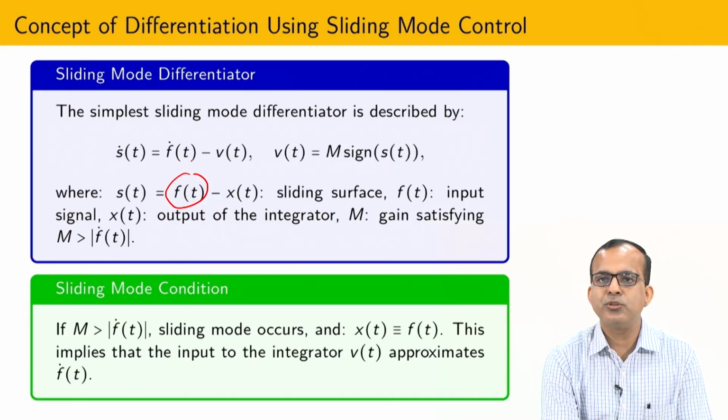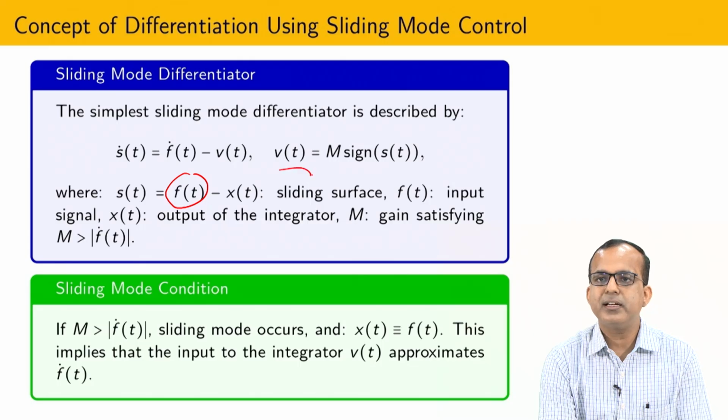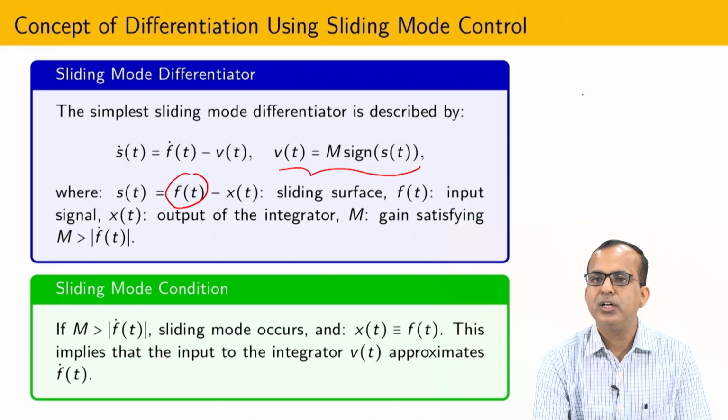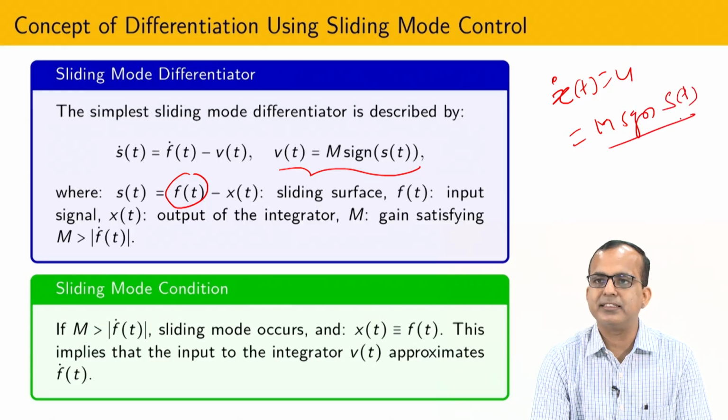So f dot comes into the picture, and x dot you can replace by vt, and vt is nothing but m signum st. So somehow you can think that I have a system x dot equal to u, and u I am going to design as m signum st.